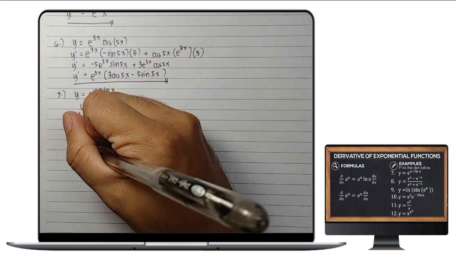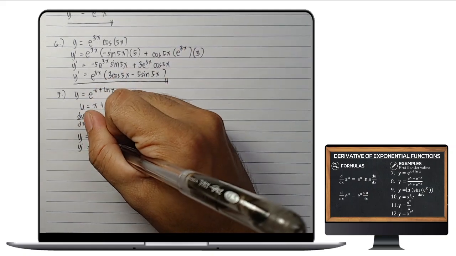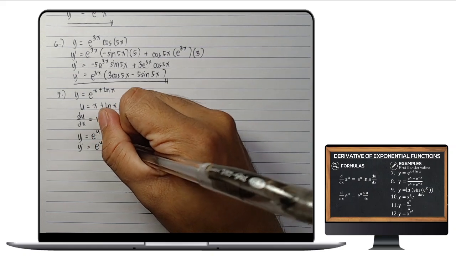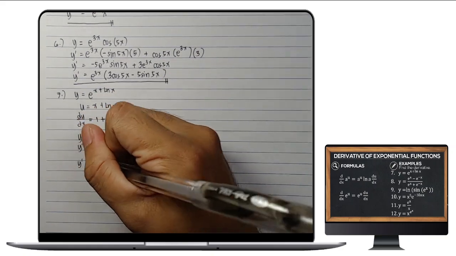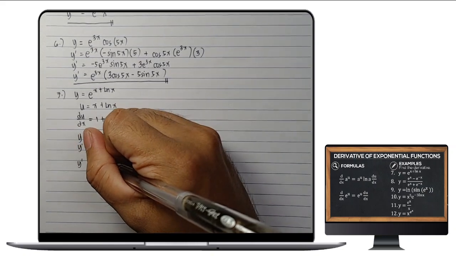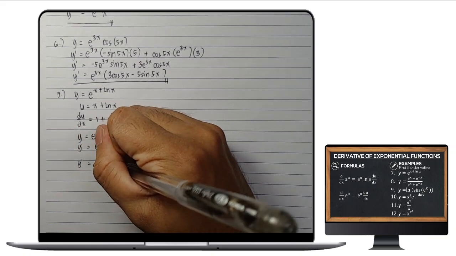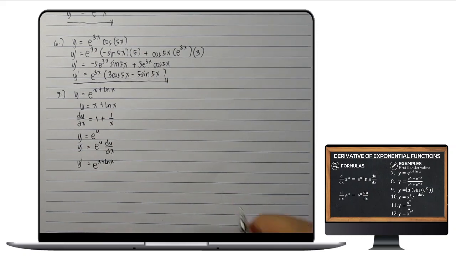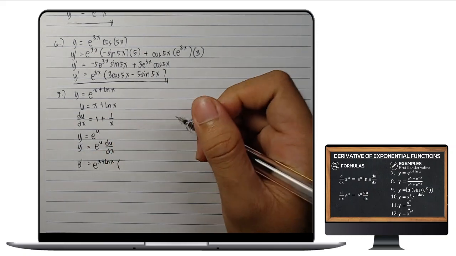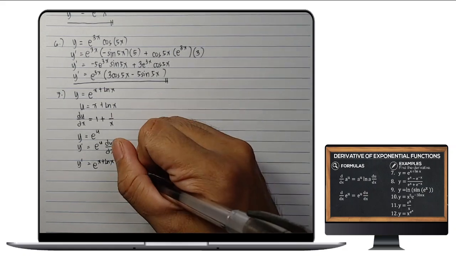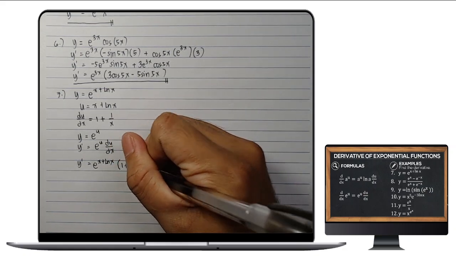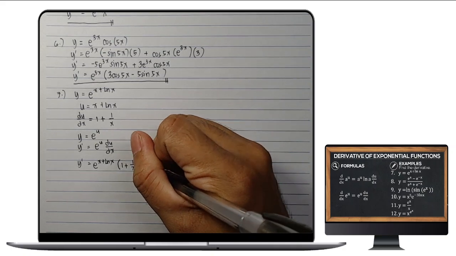So when we get the first derivative, that is e raised to u multiplied by du over dx. So our y prime is equal to e raised to u, which is x plus ln of x, multiplied by the derivative of u with respect to x, that is 1 plus 1 over x.